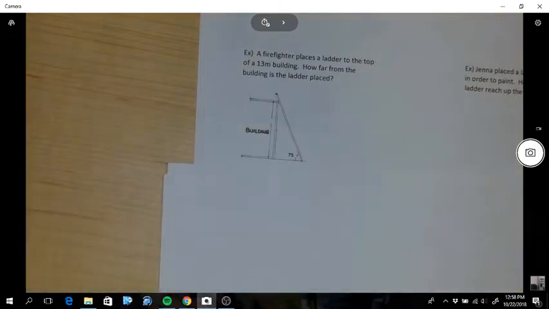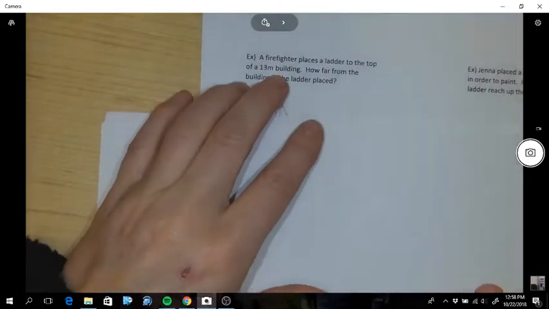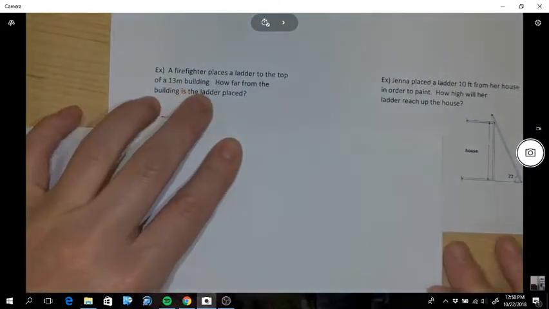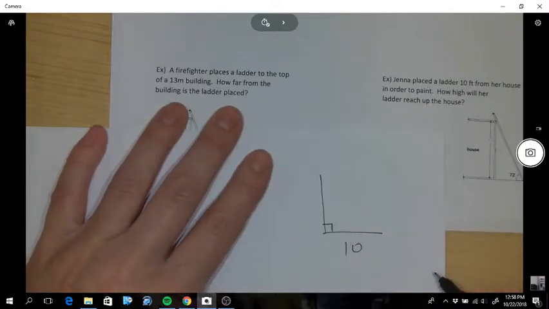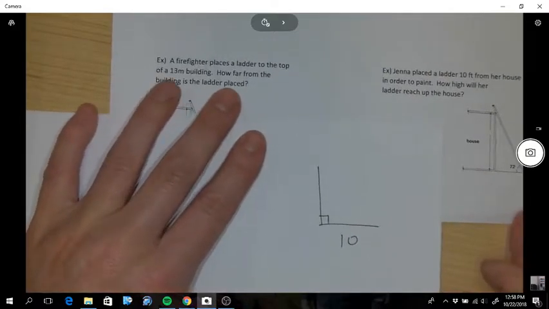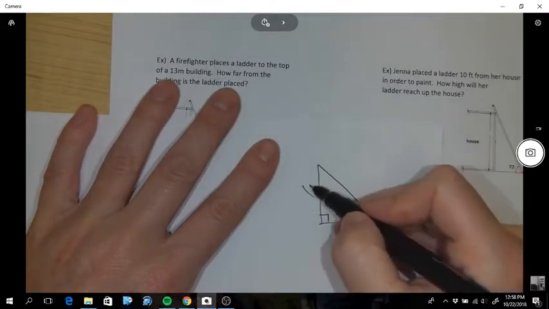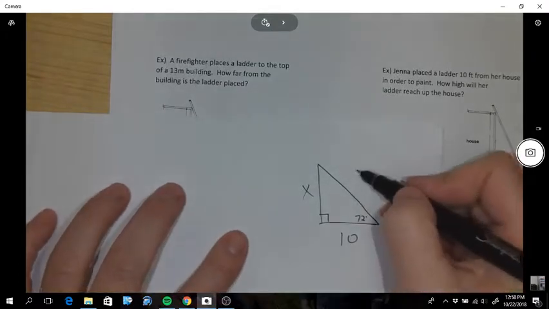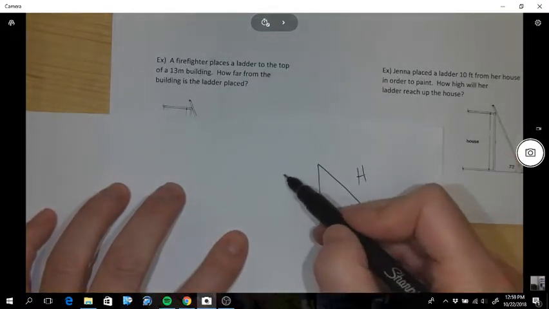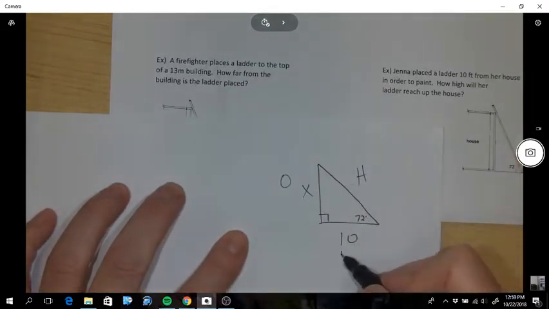Last example here. Jenna placed a ladder 10 feet from her house in order to paint. How high will her ladder reach up the wall? So give me an H first. This one's opposite and this one's adjacent.